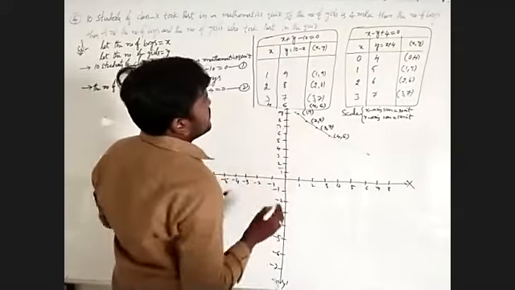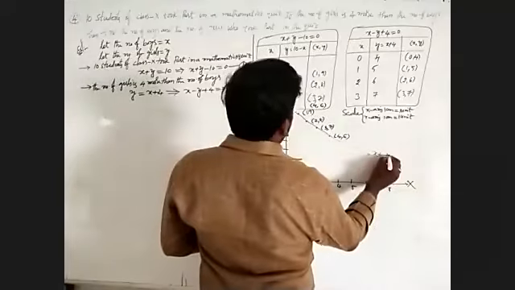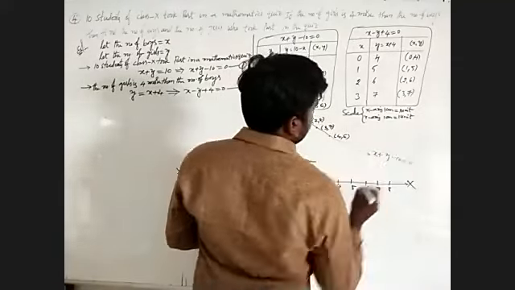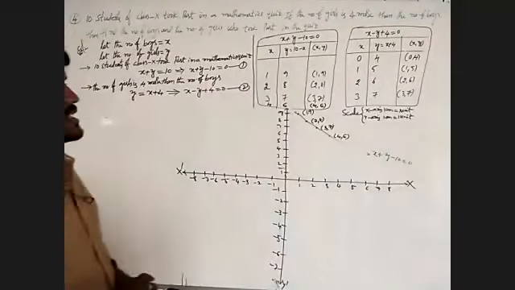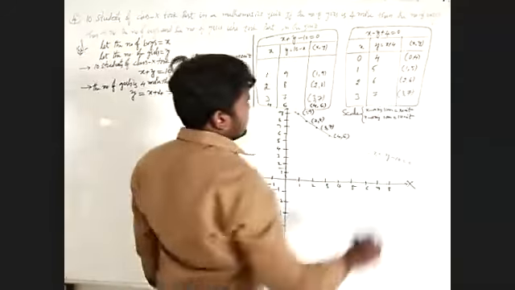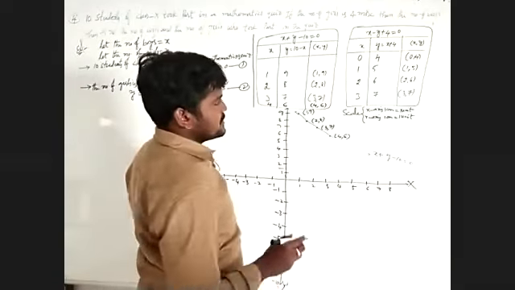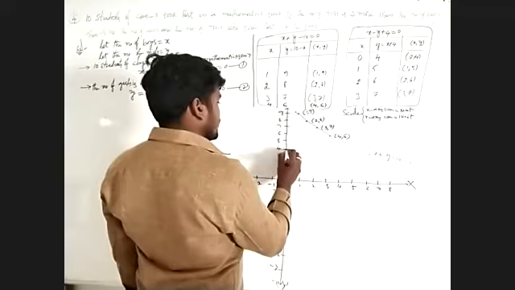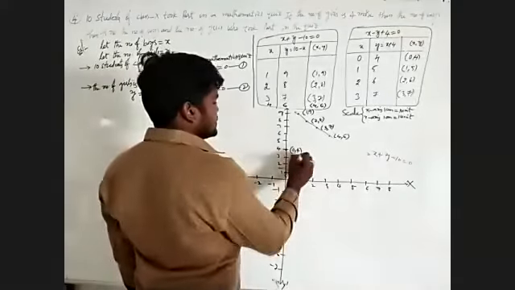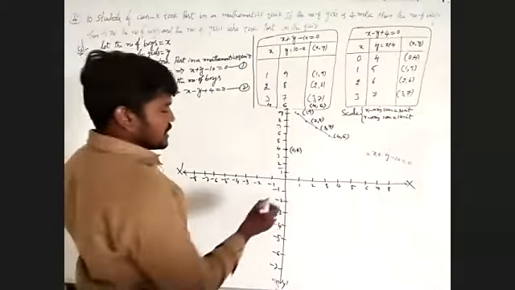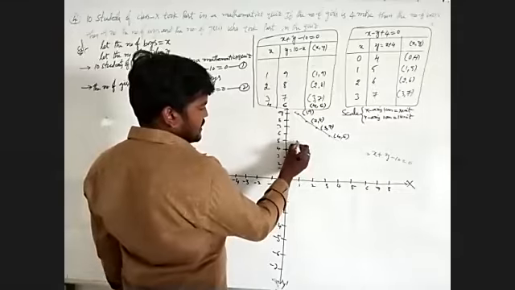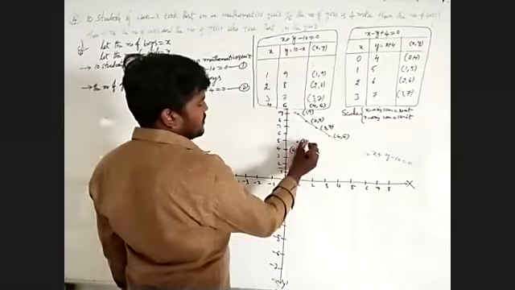The name of the given line is x plus y minus 10 equals 0. After that, the pair of another points is 0, 4, where the x coordinate is 0, so it lies on the y-axis. After that 1, 5.